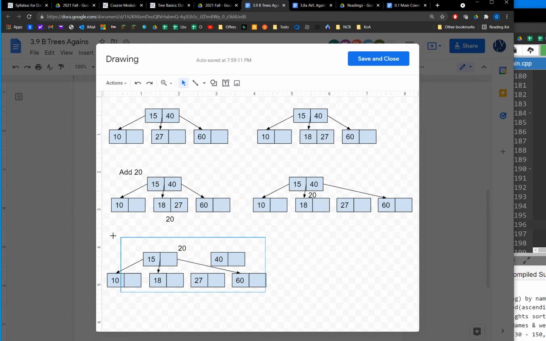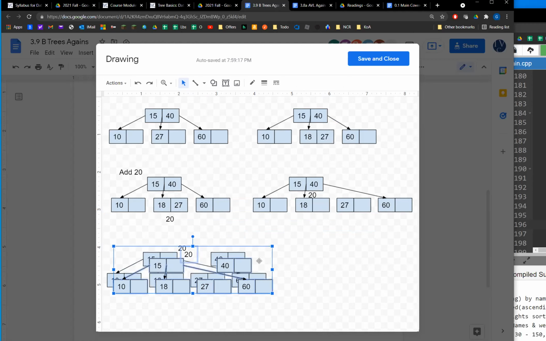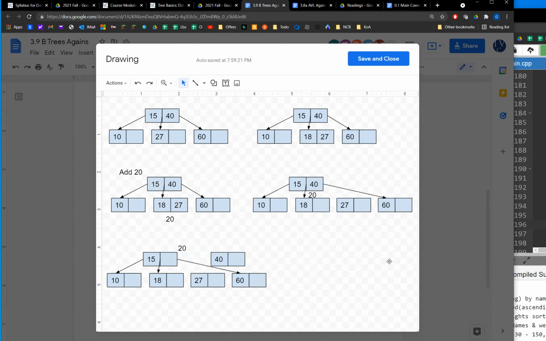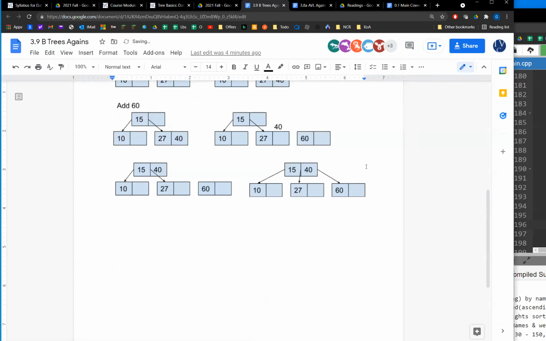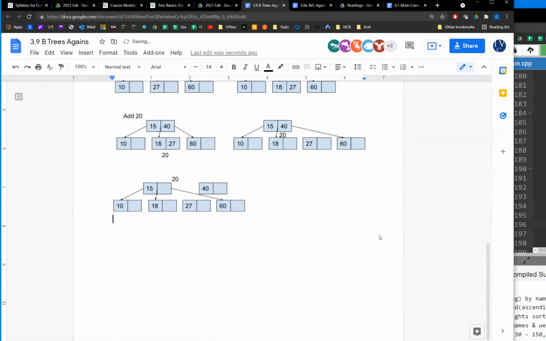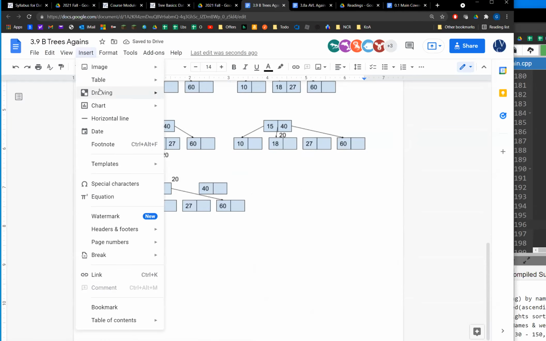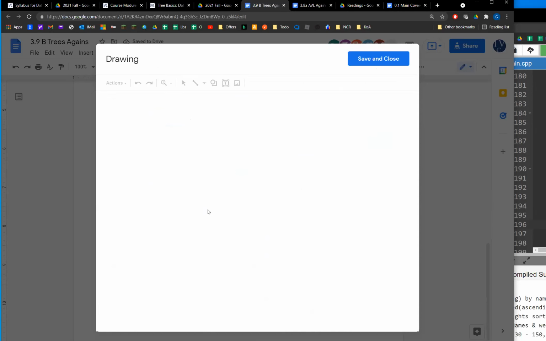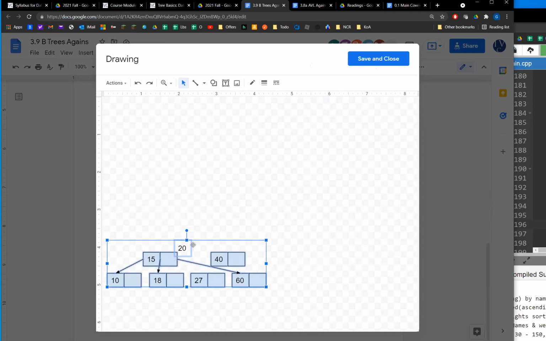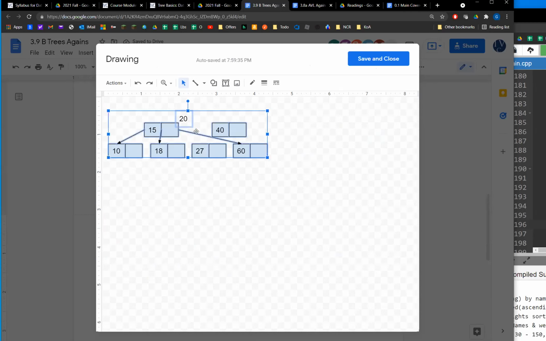All right, so before we keep carrying 20 along, let's do some housekeeping on our pointers here. Right, so 40 wants to bring some links over along with it.